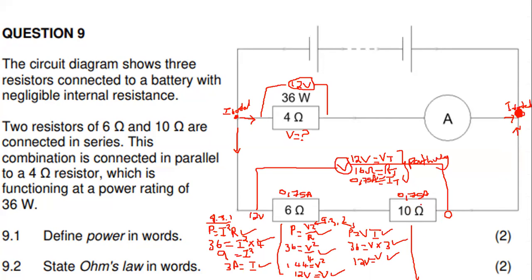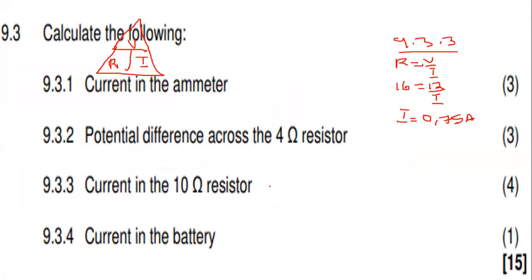So to get this one, I know the resistance, I know the current. Then I will just take this calculation further and say R is V over I. And then the resistance there is 10 ohms.